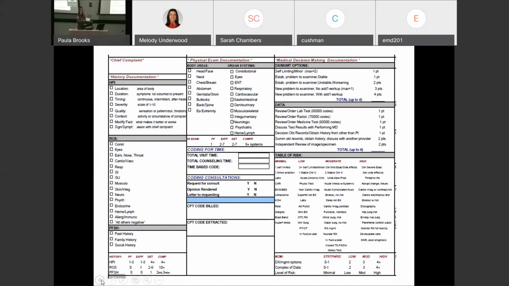We have our exam section. And then last, we have our medical decision making, which is made up of 3 sections: your diagnosis and management options, your data, and then your table of risk. For your medical decision making, keep in mind that 2 out of the 3 areas are going to determine your level of medical decision making.